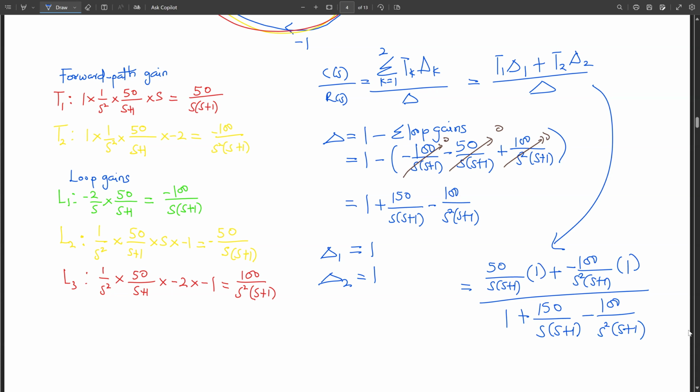Now I can simplify this by multiplying both the numerator and the denominator by S squared multiplied by S plus 1.